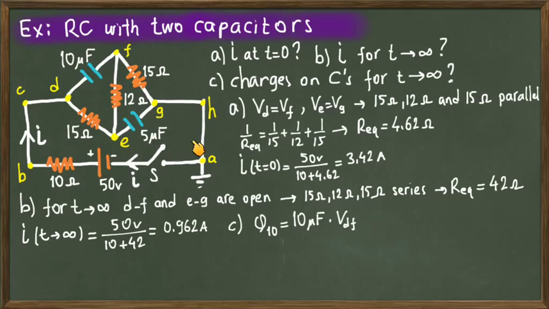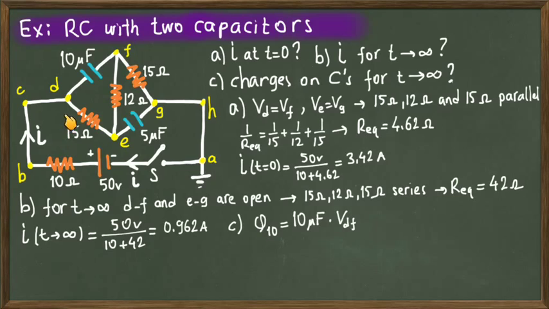Well, we know the current flowing through these points, and we can calculate the drop from D to F by following the current through the 15 ohm and 12 ohm resistors.